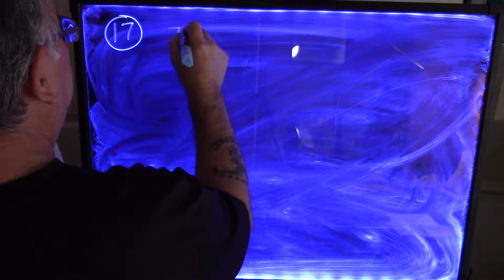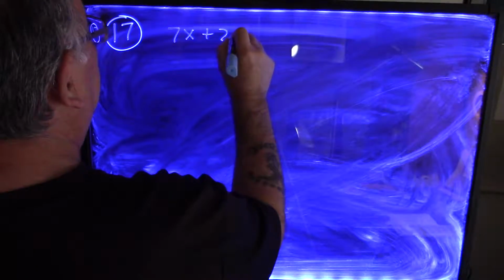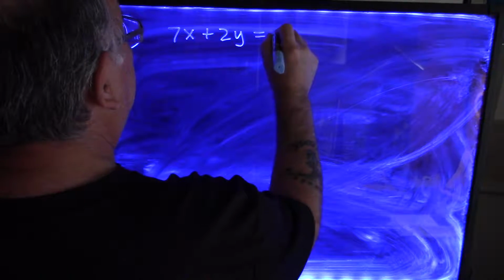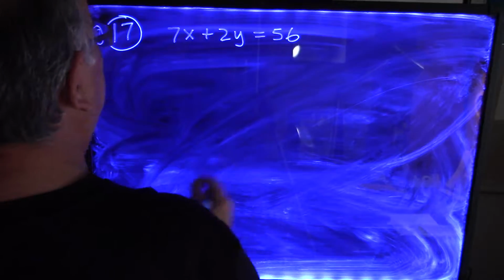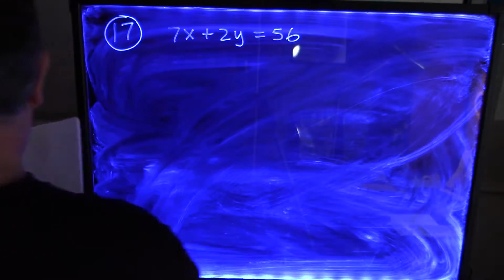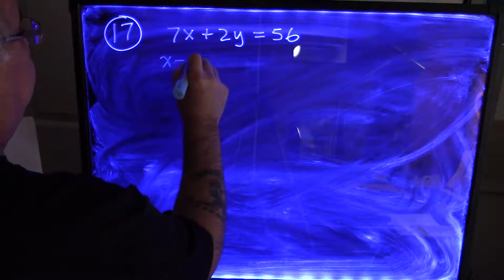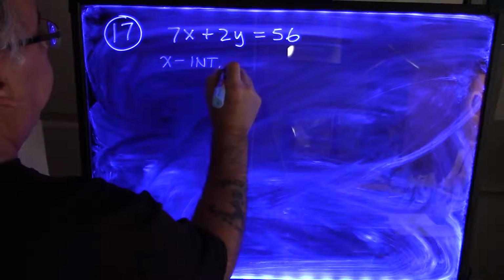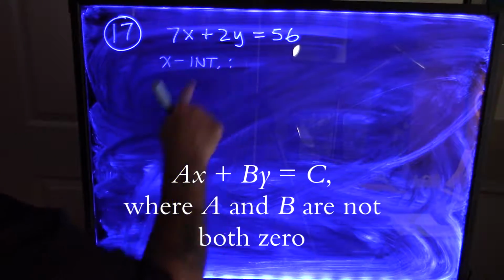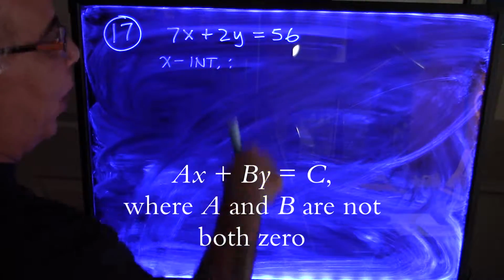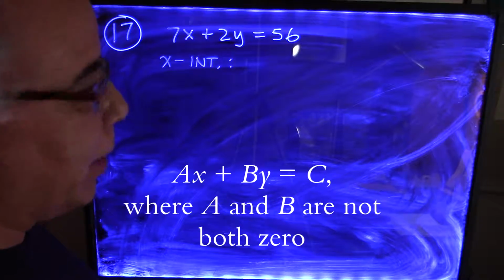Number 17, we have 7x plus 2y equal to 56. Alright, so the x-intercept. Now this happens to be written in what's called standard form. Standard form is ax plus by equals c, where a, b, and c are constants.